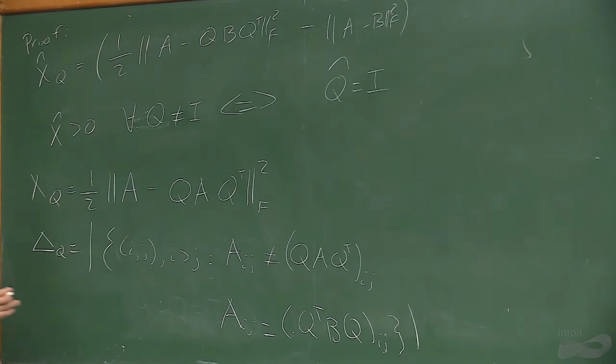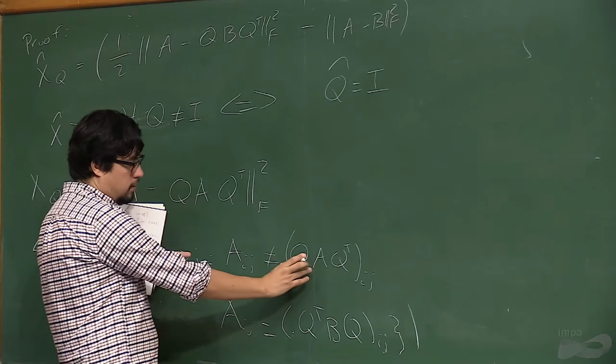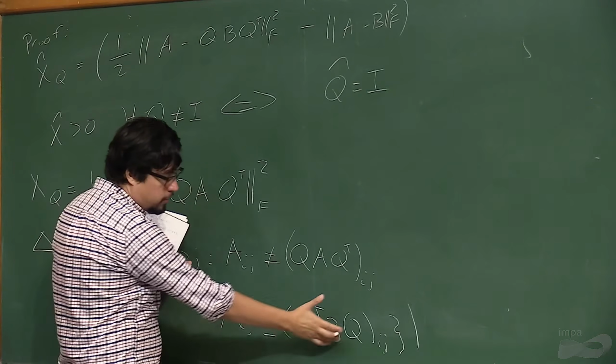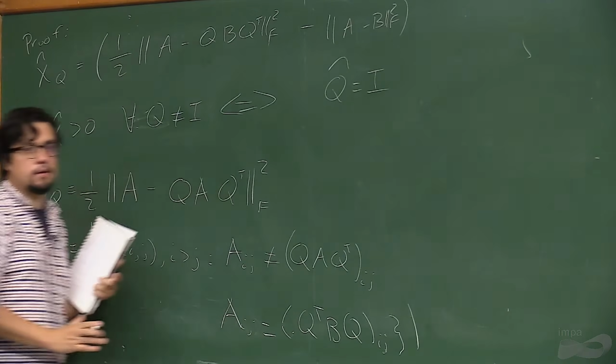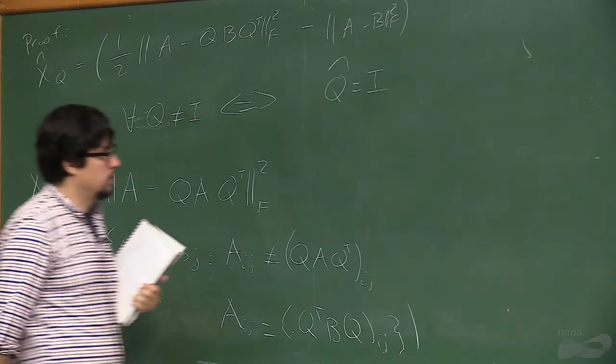So basically, this set delta Q is counting the bad edges, the ones that destroy the structure of the problem, because here what we're saying is that when we permute A, we get a mistake, but the randomness in B is going to correct that mistake, and then it's going to make it look more similar to A. Right? So those are the edges that we don't want in order to be able to recover the solution.